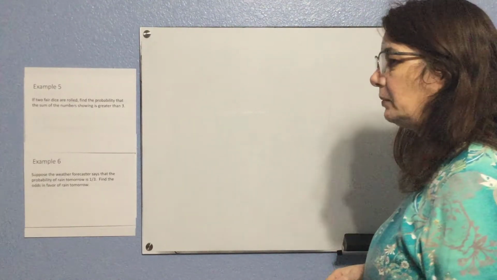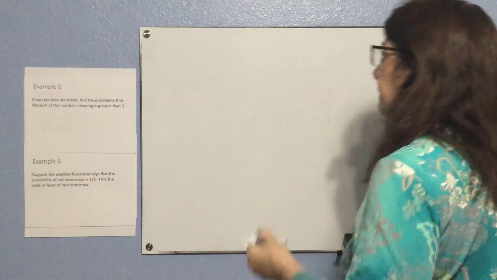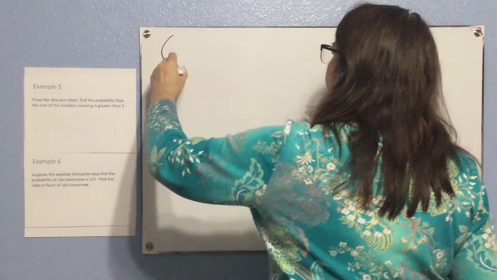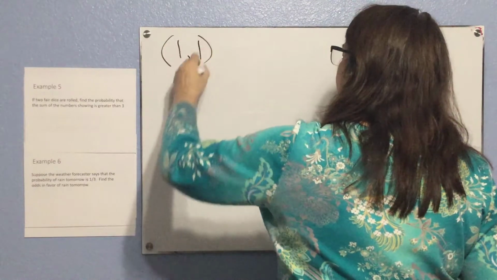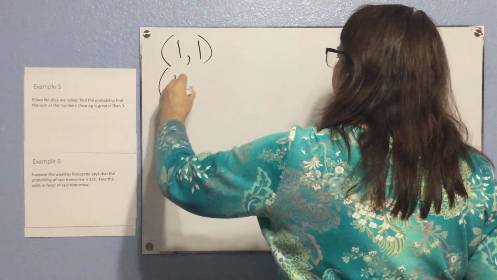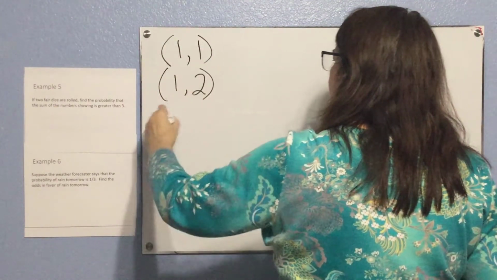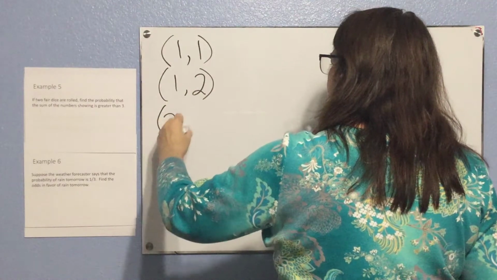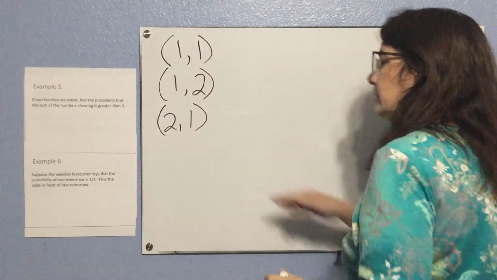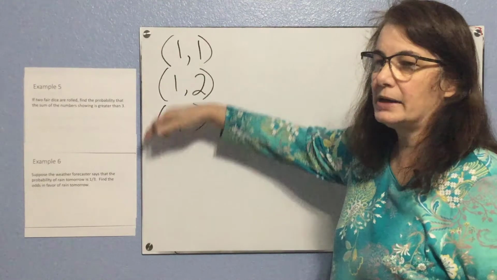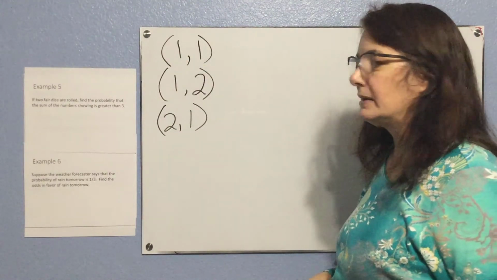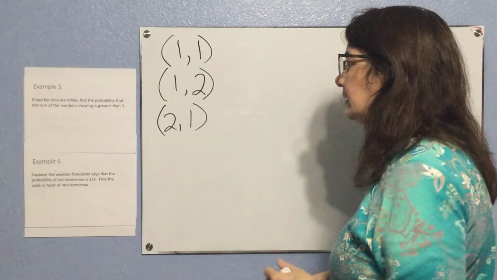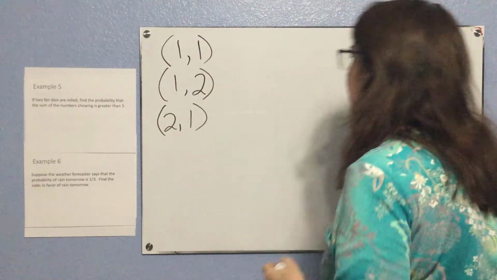So let's think about the ones that are not greater than 3. I could have a 1 and a 1. I could have a 1 and a 2. Or I could have a 2 and a 1. Those are the only 3 possible events that are not in this event of the sum being greater than 3.